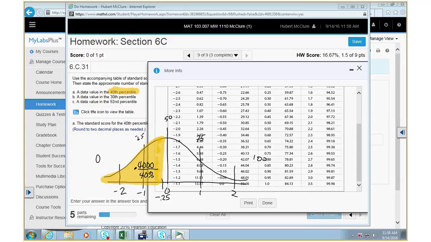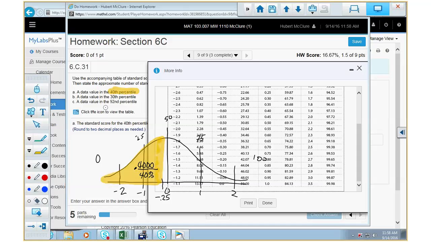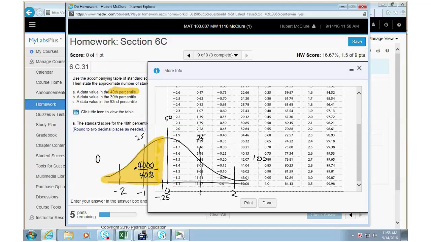This is the way you need to remember these questions. I'm going to write this on the whiteboard, then I'll come back to this.